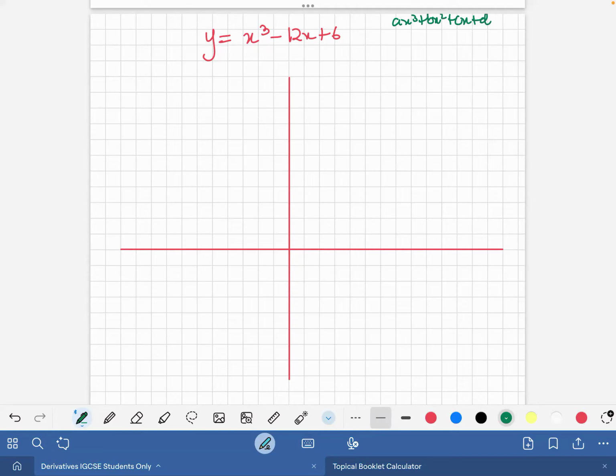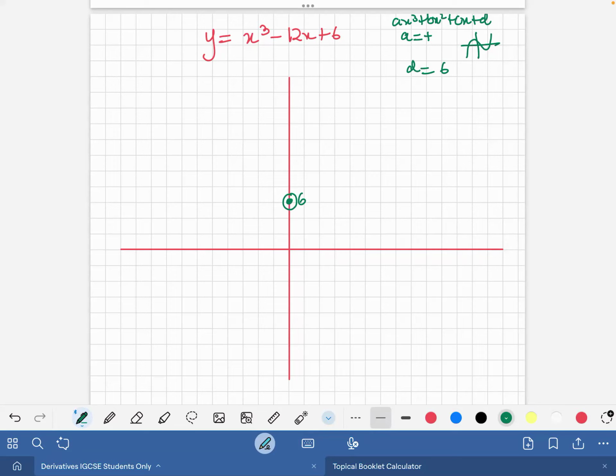Remember that? As the value of a in this question is positive, my graph will start from this quadrant. Agree? Yes, sir. And the value of d is 6. It means that the graph will cross the y-axis at 6. Any problem?